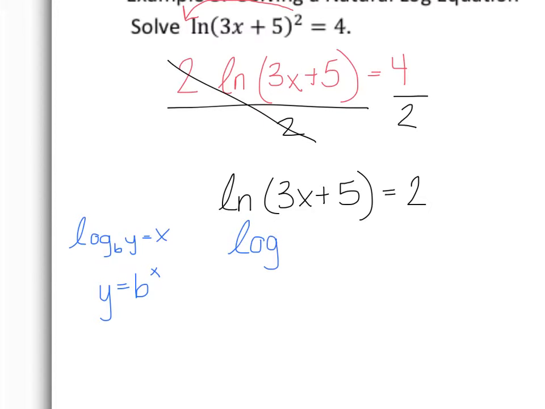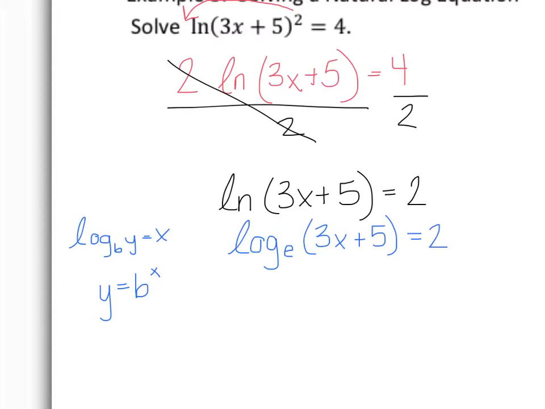Of natural logs, what's the base? E. I've asked you that like 4 times already. Okay, 3x plus 5 equals 2. We're just writing it out here so we don't get confused about what the base is. So the base is E, so what do I write?